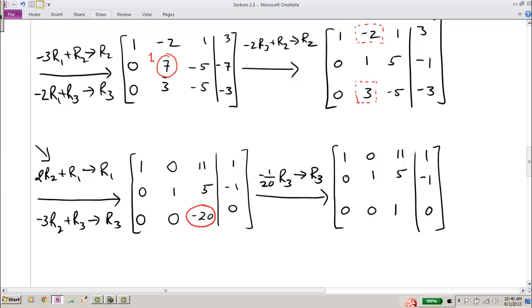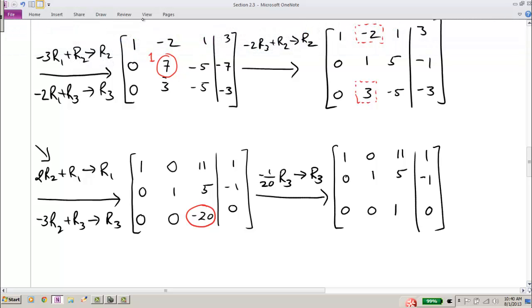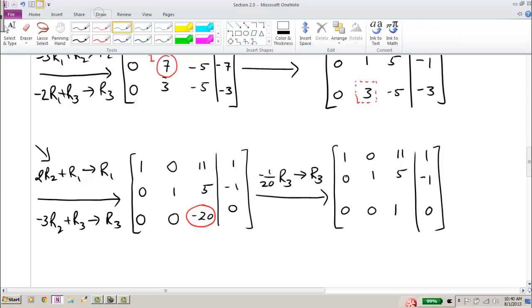And now, even though we did have to go through and use the reciprocal, we still didn't end up with fractions, so that's kind of convenient for us. And now we're ready to finish this up because we know we're on to our last step in this process. It does take a while to go through all this, but we're almost done.